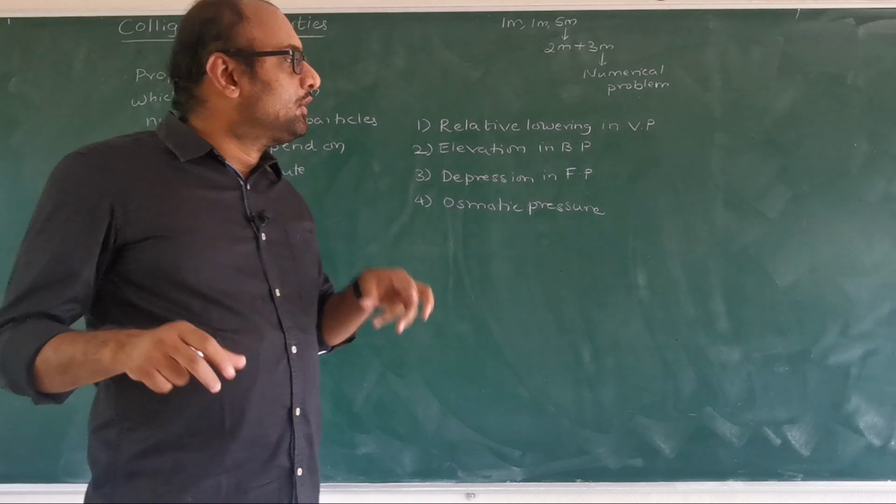Remember, P naught A minus PA is known as lowering in vapor pressure, whereas P naught A minus PA divided by P naught A is known as relative lowering of vapor pressure. Only this relative lowering in vapor pressure is the colligative property.